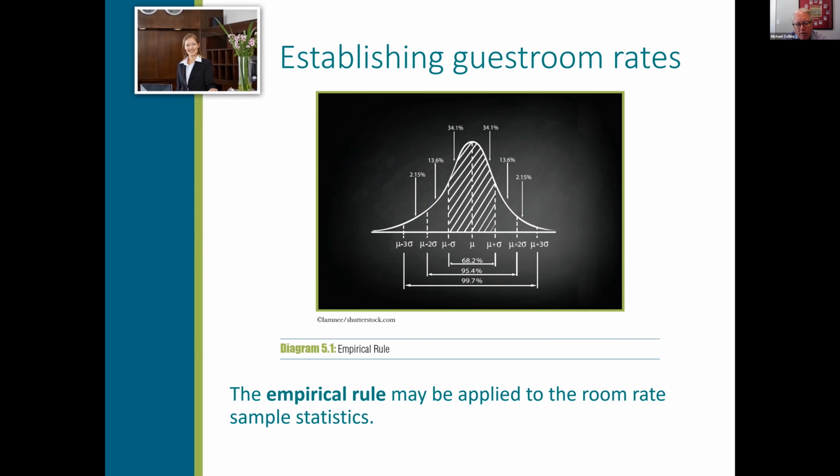For example, we're all familiar with the empirical rule, which states that 2/3 of observations are within one standard deviation of the mean. And that's kind of, again, a theoretical thing that's hard for students to grasp.